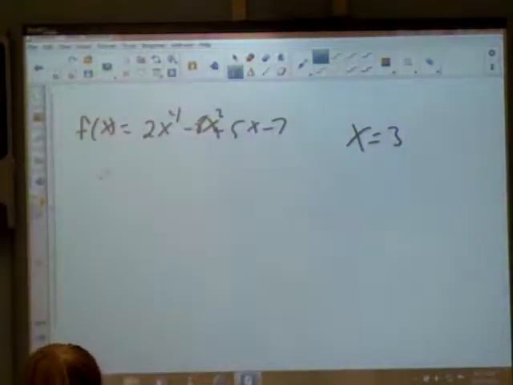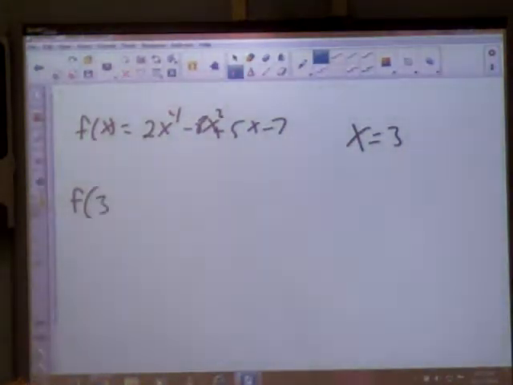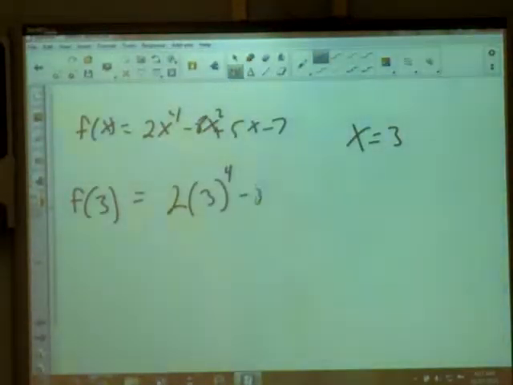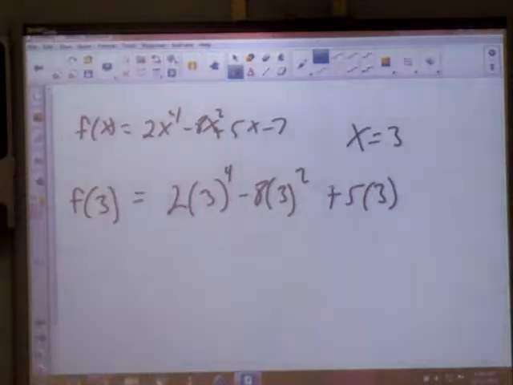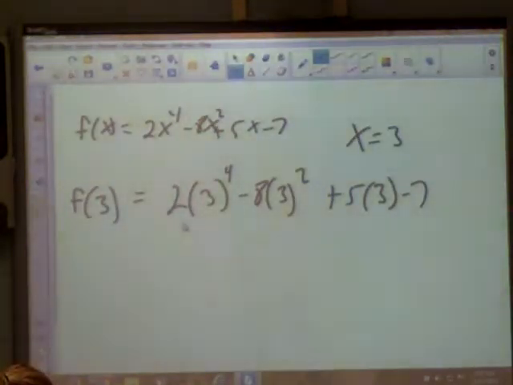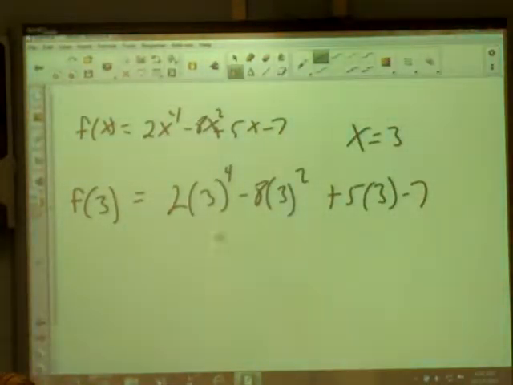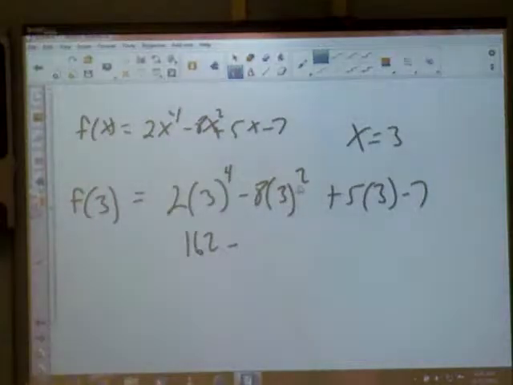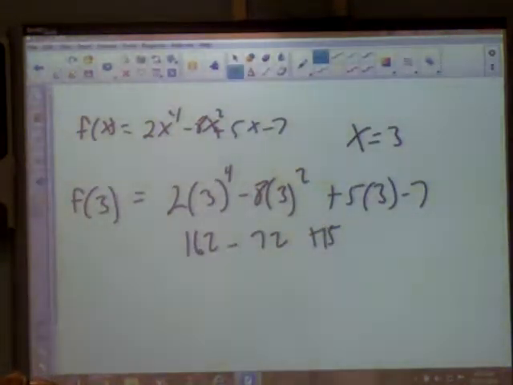It's pretty simple. If I'm evaluating for x is 3, you say f of 3 is equal to, and I just plug a 3 in everywhere there's an x. 3 to the 4th: 3 times 3 is 9, times 3 is 27, times 3 is 81, times 2 is 162. 3 squared is 9, times 8 is 72. 5 times 3 is 15, minus 7.